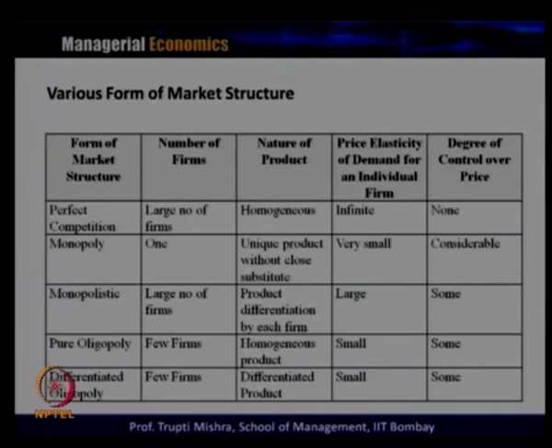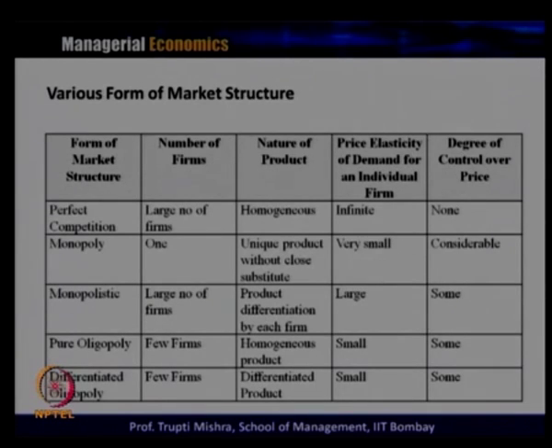Price elasticity of demand for an individual firm is large, degree of control over the price is some or maybe it is little. Then the last category of market structure is oligopoly, and again it is divided into two types of oligopoly, pure oligopoly and differentiated oligopoly.